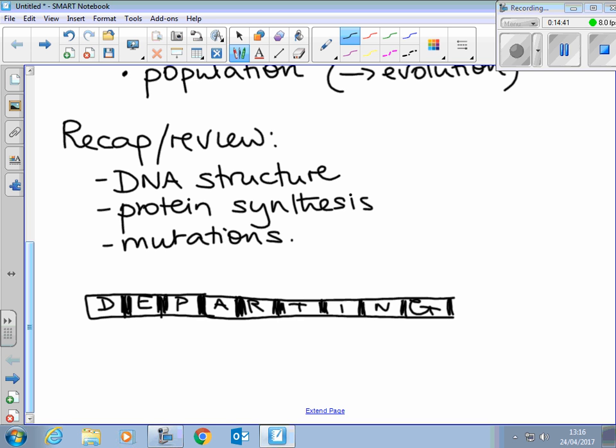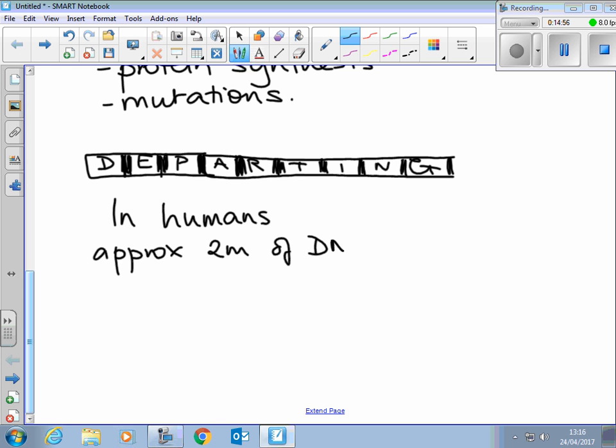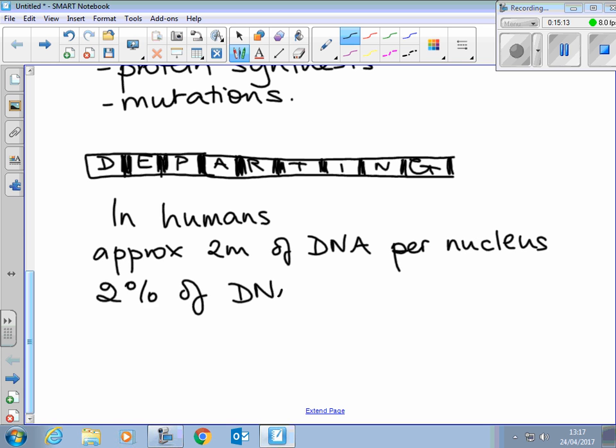So in humans, we have approximately 2 meters of DNA per, well, can't say per cell, let's say per nucleus, because red blood cells, of course, don't have a nucleus, so they're not going to have any DNA because they haven't got one. 2% of DNA is what we call genes.